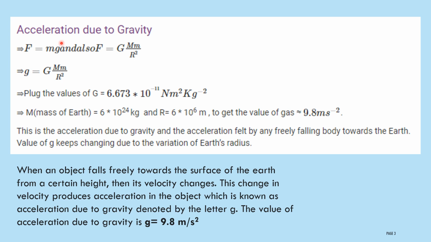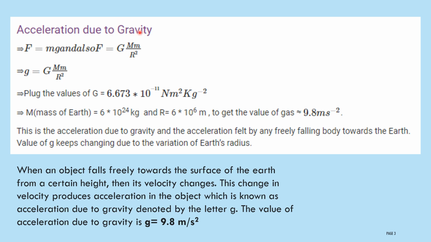Consider a freely falling body. If it is moving towards the earth, then because of the earth's attraction, the earth's gravitational force, the object acquires a change in velocity. If the object changes its velocity, then it acquires acceleration. The name itself indicates acceleration due to gravity.